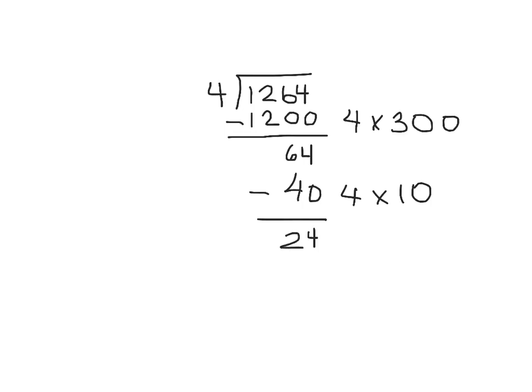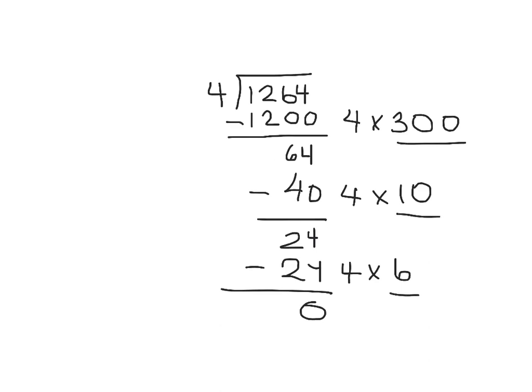Wait a second. 24? 24 is the product of 4 times 6. 4 times 6 is 24. 0 remainders. My last step is to figure out how much I used over here.